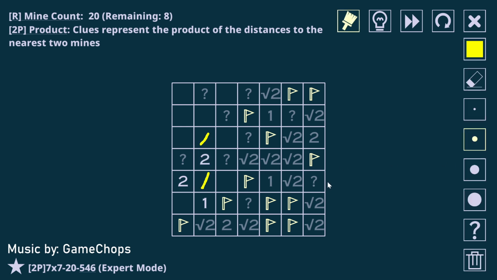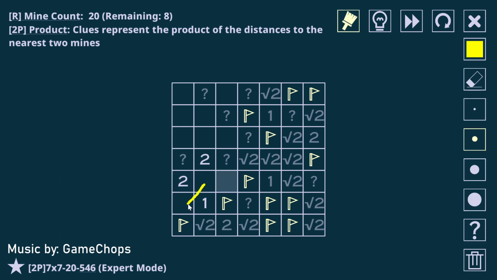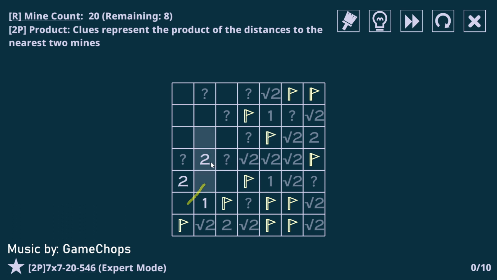Is that doable? It might be. Okay. I want to know if there's anything to do with mine count, if we ever have to make a deduction based on mine count.